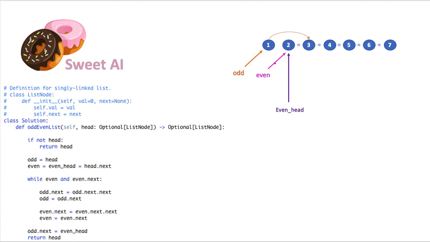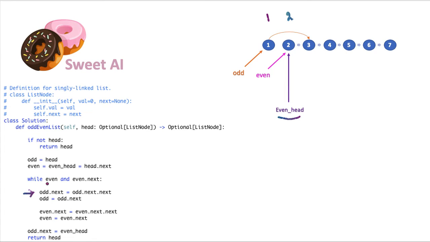As I mentioned, the first pointer, the odd pointer, is going to point to index 1, and the second pointer, the even pointer, is going to point at index 2. Also, we are going to use even head as a pointer to the first even index, right?